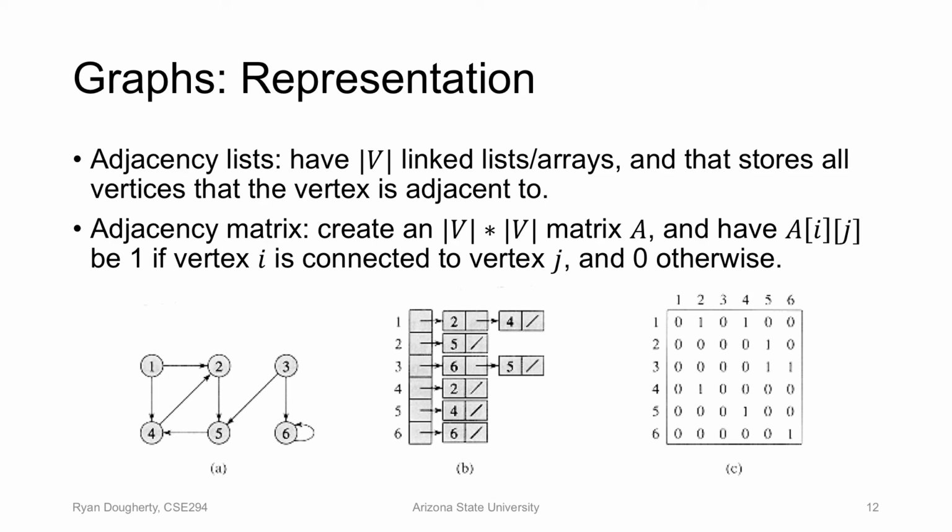But for an adjacency list, I can look up the list in constant time, but even if I keep the list of vertices it's connected to sorted, it still takes logarithmic time to access it via binary search. And if I'm really terrible at this, I could possibly have linear search time there, right?